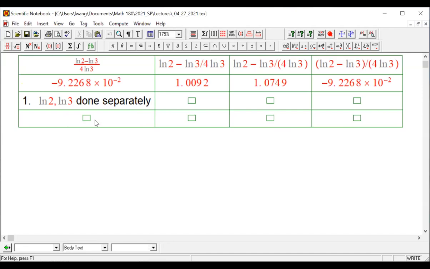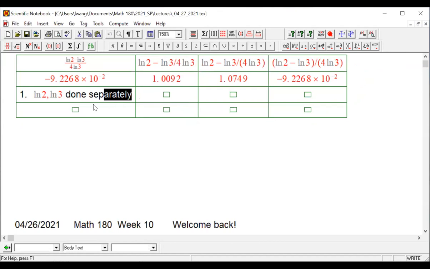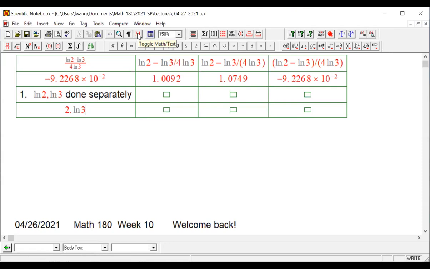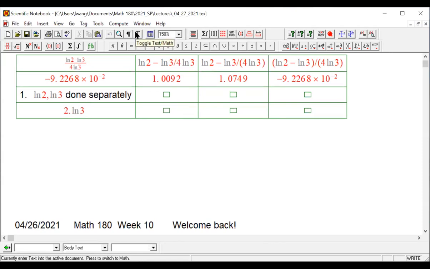And then number 2, I want to keep it a little smaller, separately. And at the same time, you can even do 4 times ln3. Then ln3 is done.